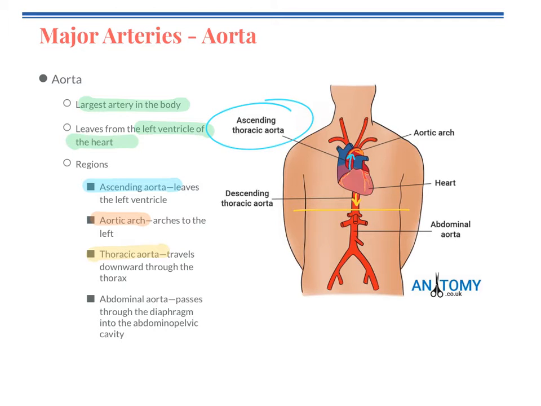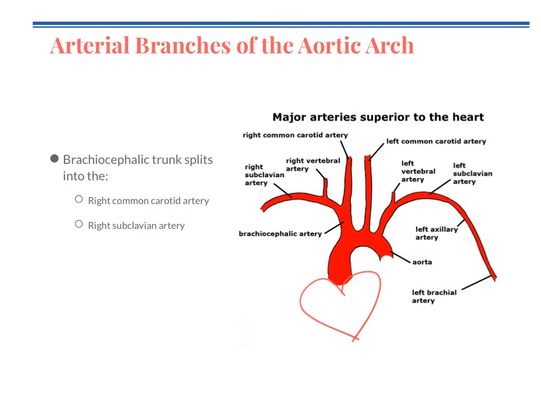If you want to draw in an invisible little diaphragm there, the aorta above the diaphragm is the thoracic aorta, and below the diaphragm, it is known as the abdominal aorta. As it passes through the diaphragm and below, that aorta is known as the abdominal aorta. Anything below that diaphragm is the abdominal aorta.